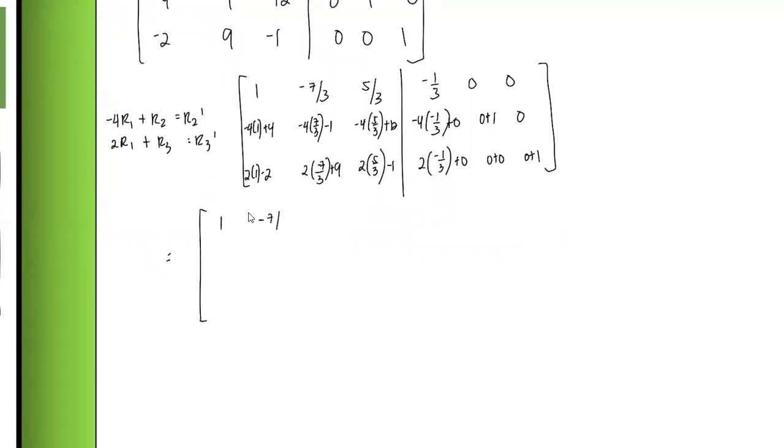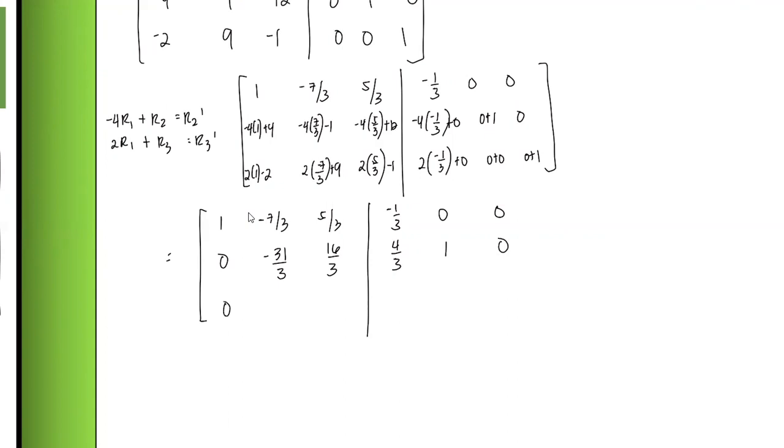1, 7/3, 5/3, negative 1/3, 0, 0. We have 0, then negative 4 times 7/3, minus 1, that is negative 31/3, negative 4 times 5/3 plus 12, we have 16/3, negative 4 times negative 1/3 plus 0, we have 4/3, we have 1, 0.